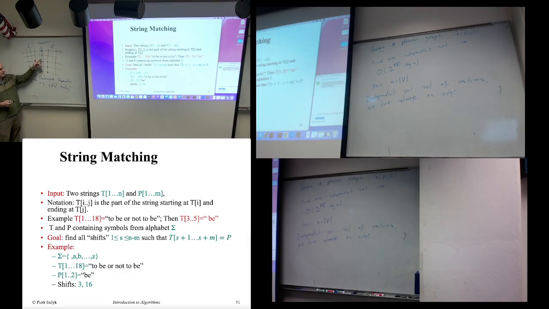Well, there might be edges in the separator, like in this case. But even if no two vertices of the separator are connected by an edge, how many choices do you have? How many different separators? Well, if there are square root n many vertices, then you have 2 to the square root n many different independent sets that you want to check.